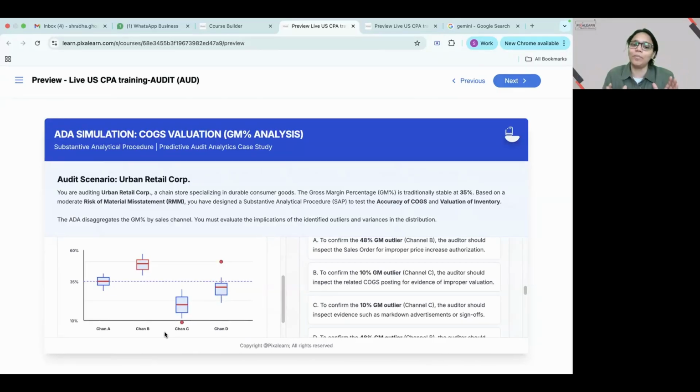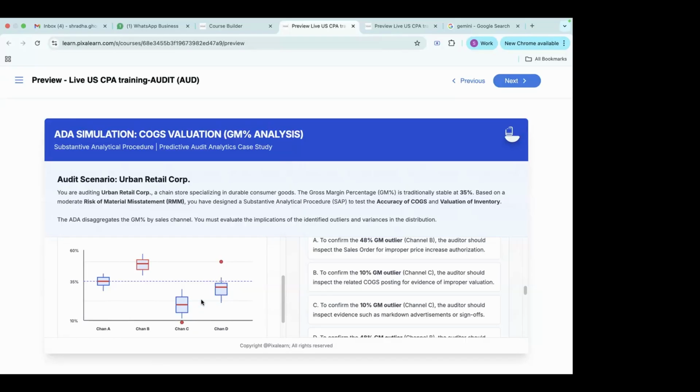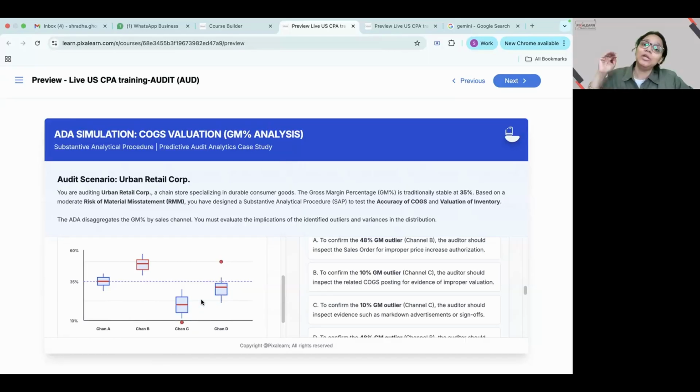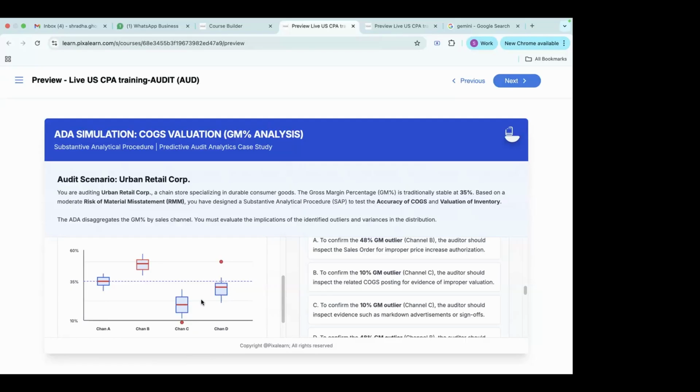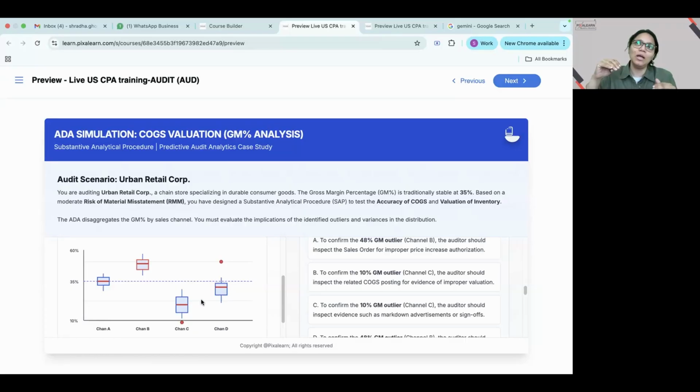This is the method that you are adopting, isn't it? That is why you have said that ideally it should be 35, but these are different, so I need to know where is the anomaly, isn't it? Yeah. So ideally when companies show a very low gross margin, they don't twinkle with the COGS, they would twinkle with the sale prices, isn't it? In real life, because suddenly the margin goes down.